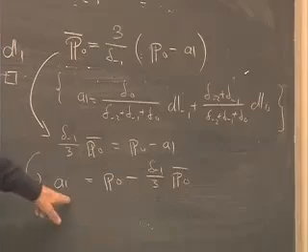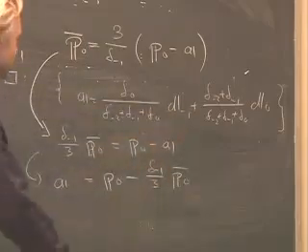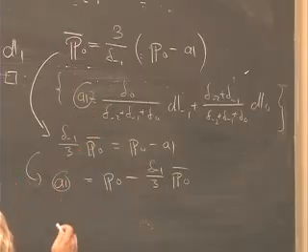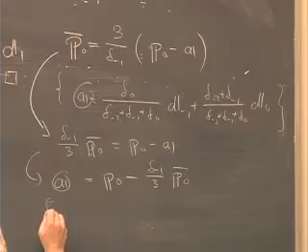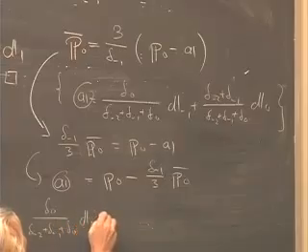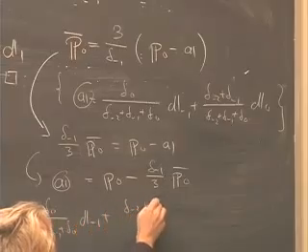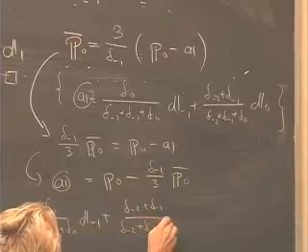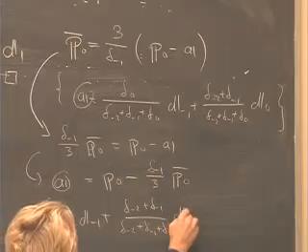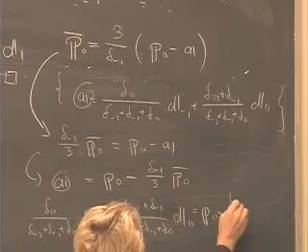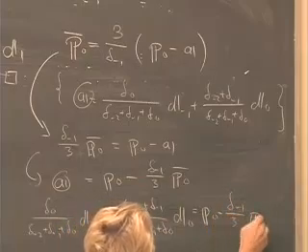Now I have on the left-hand side my unknown d's. I spell out this expression for the a's. It goes here. So now I have delta 0 over delta minus 2 plus delta minus 1 plus delta 0 times d minus 1 plus delta minus 2 plus delta minus 1 over delta minus 2 plus delta minus 1 plus delta 0 times d0 equals p0 minus delta minus 1 over 3 p0 bar, the derivative there.